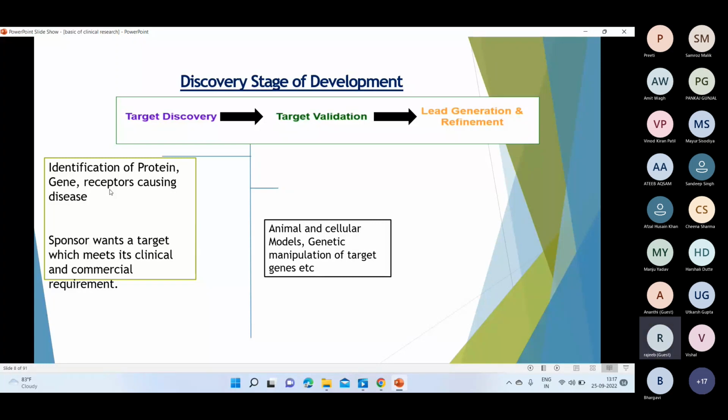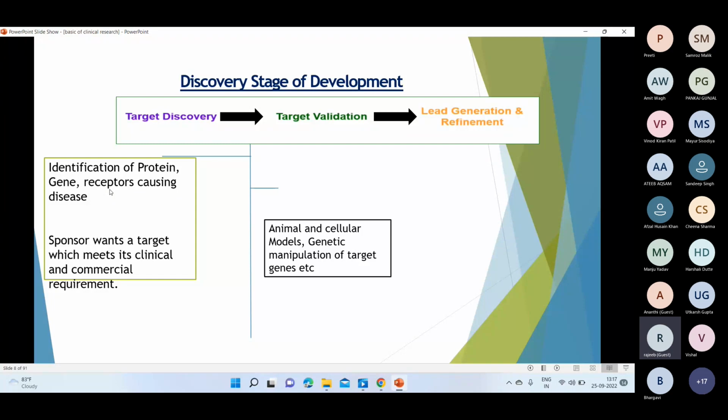Now the second stage: target validation. We got some clue in the target discovery stage that this particular protein or these proteins are responsible for the disease. For example, protein A, protein B, protein C are responsible for blood pressure. Now in target validation, we will create animal and cellular models by doing different genetic manipulation, and we will see whether that disease appears in those genetically modified models or not.